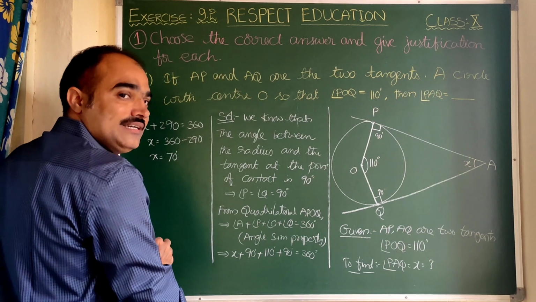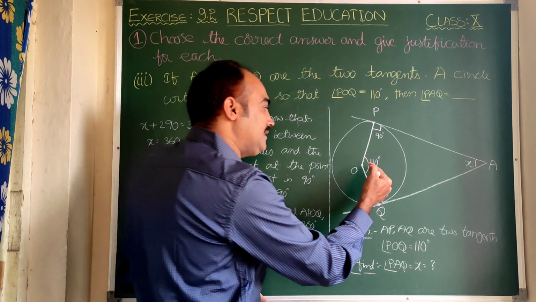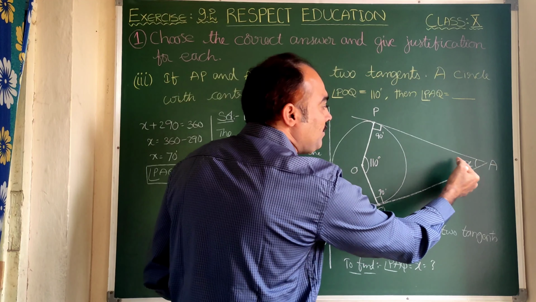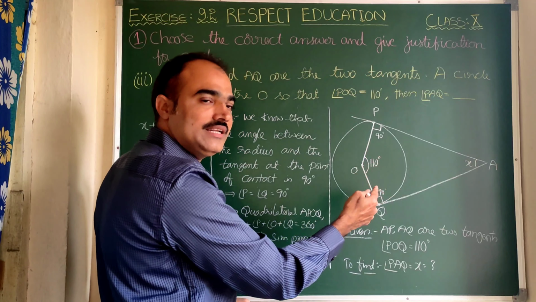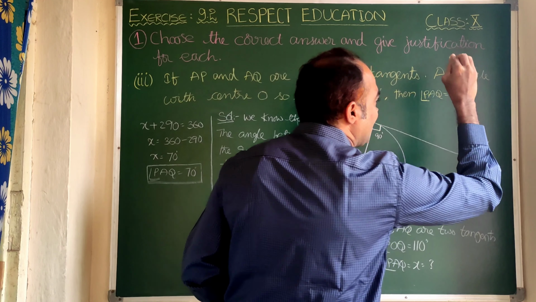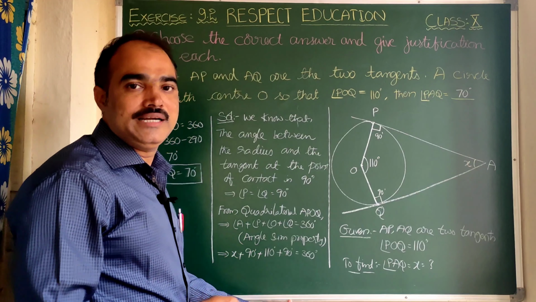X is nothing but angle PAQ. Angle PAQ is equal to 70 degrees. See here, this is what we found with the known theorem. If not, as I have told you earlier, you can take these two as supplementary. So 110 plus x is 180, therefore x equals 70. That way also it can be done. So finally, angle PAQ is equal to 70 degrees is the final answer. With this third bit gets completed.